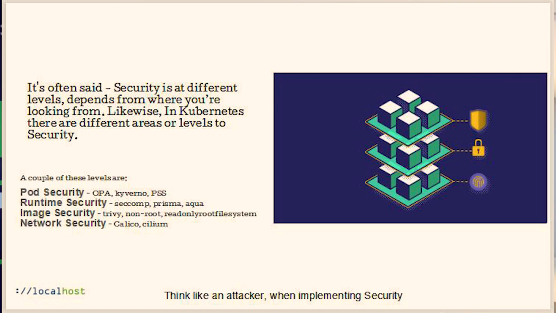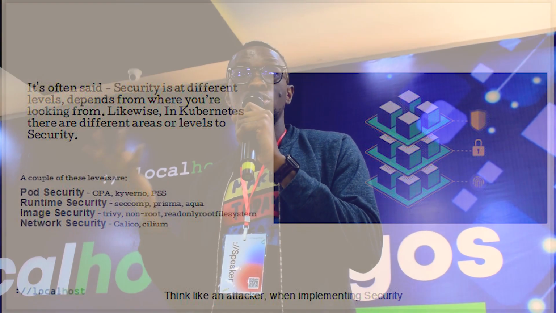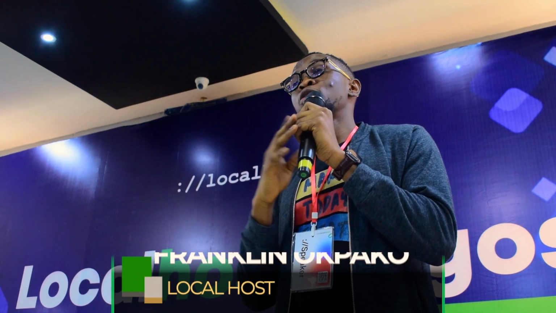Most times we look at it from a pod level. You all have pods running on your Kubernetes cluster, but on a pod level, what can you do? There are standards that Kubernetes provides by default and that open source provides. OPA is there, OpenPA, yeah.